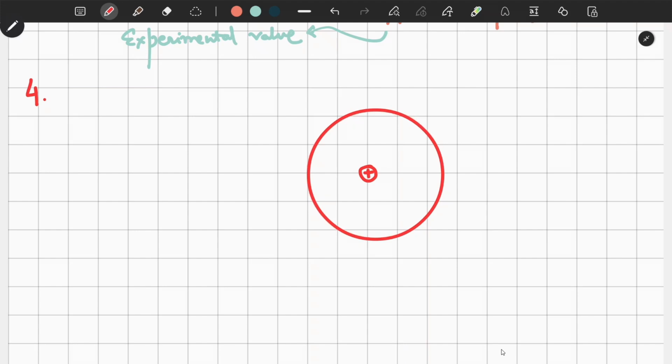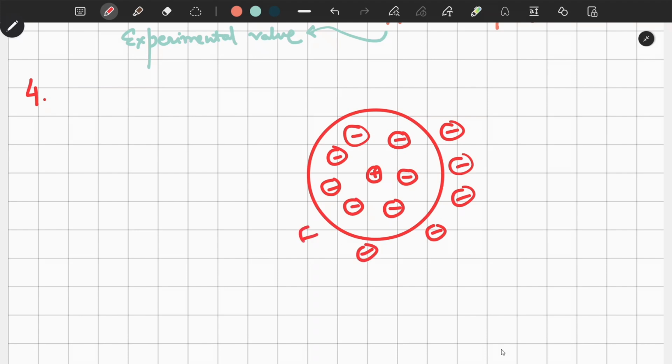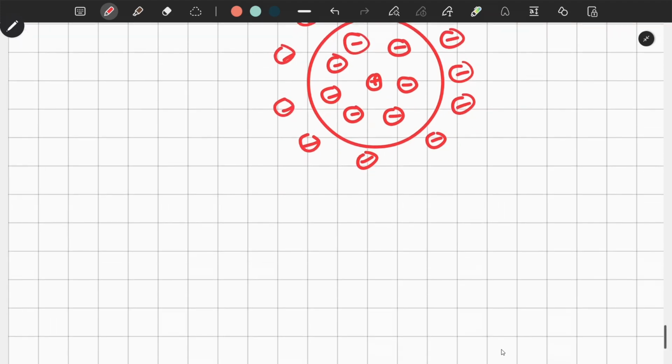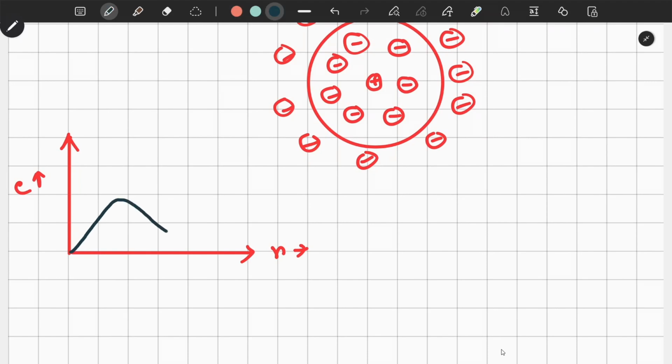It has a solvation sheet, because around this cation there are many anions, right? And if you plot the concentration of these anions versus R, it will vary like this.